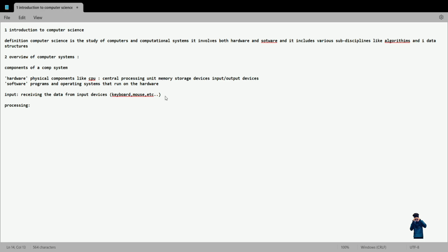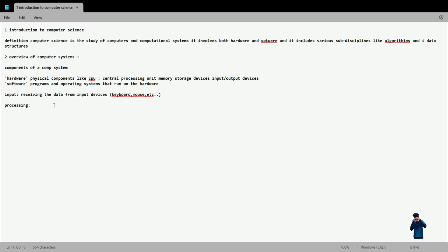Processing, what is the process? Say you want to buy a laptop. After buying it, what is the process? Your computer runs Windows 10, Windows 9, Windows 8. So what do you mean by processing?